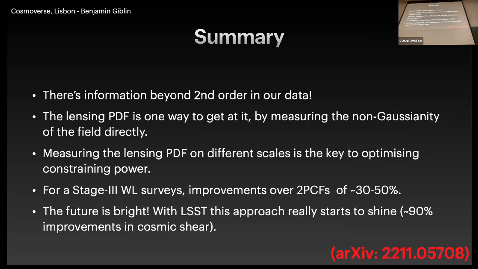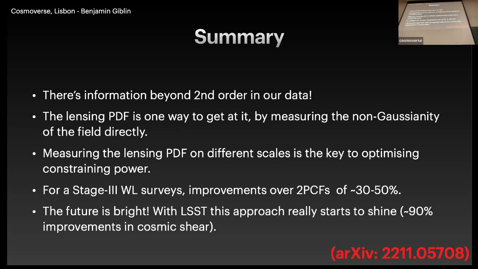So, to summarize, there's information in our data that's beyond second order that we are not extracting with our conventional cosmic shear statistics. The lensing PDF is one way to get at it because it measures the non-Gaussianity of the field directly. We can measure the lensing PDF on different scales, and that's a great way to get more information out of the data.